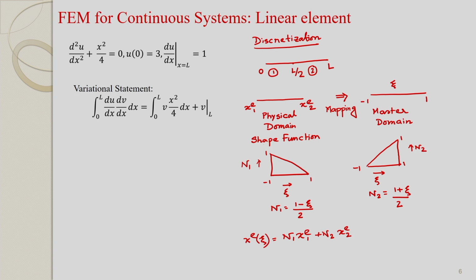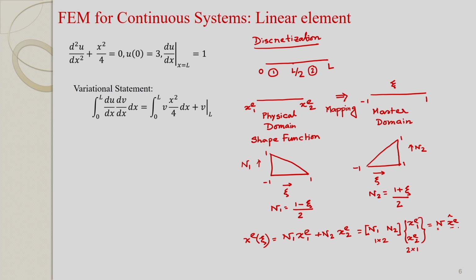If you put xi equal to 1, you will get the right coordinate. So, this is a 1 cross 2 row vector, this is a column vector.